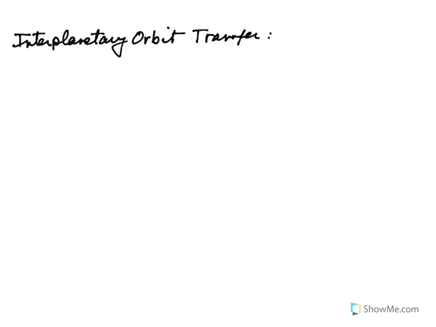The objective of this lecture is to provide the second part of the study of interplanetary orbit transfer. So as stated, this is part 2 of the study. Now previously, in part 1, when we started this topic, we described two concepts.